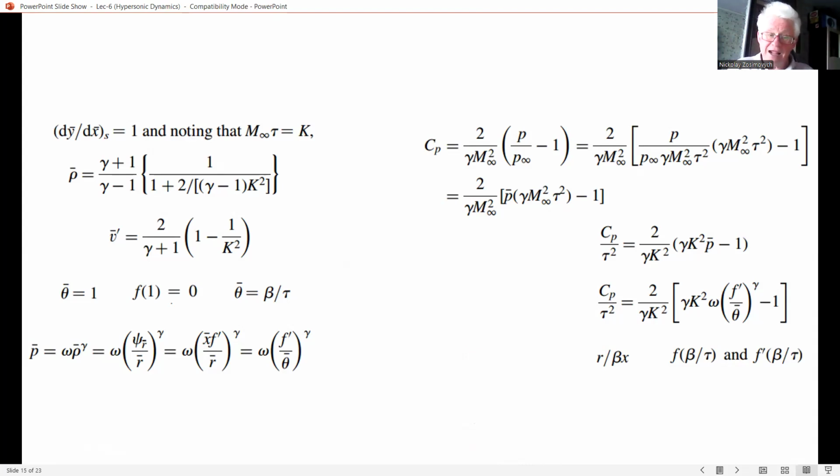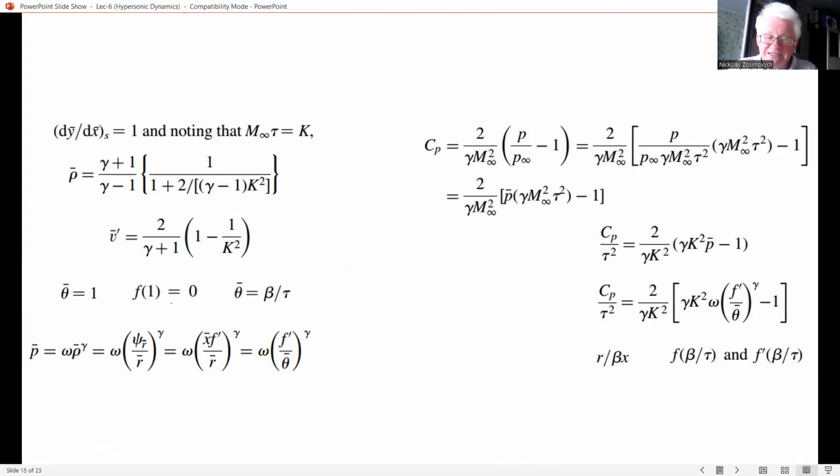And first of all, assume a value of beta over tau. A suggested value might be, for gamma 1.4, and note that this establishes an assumed value for the shock wave angle beta.